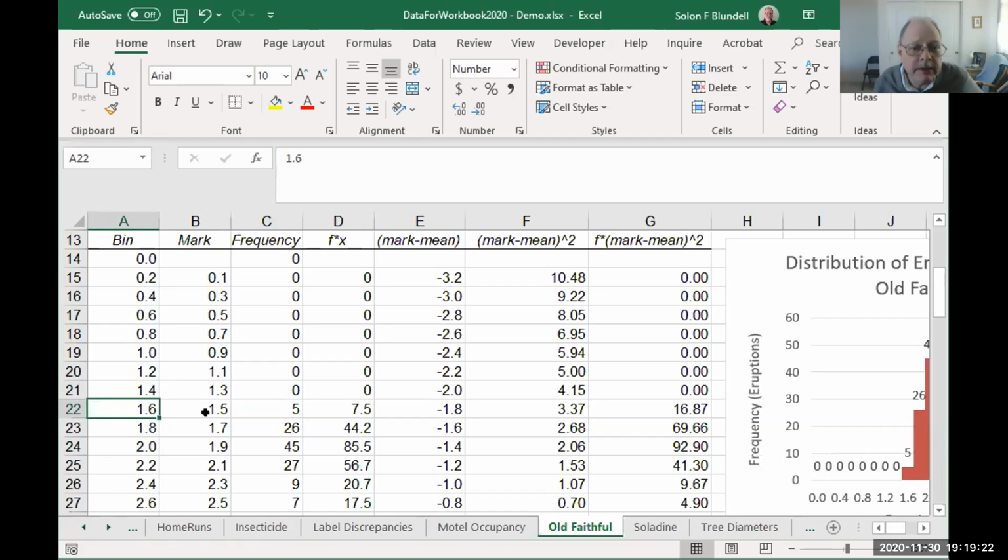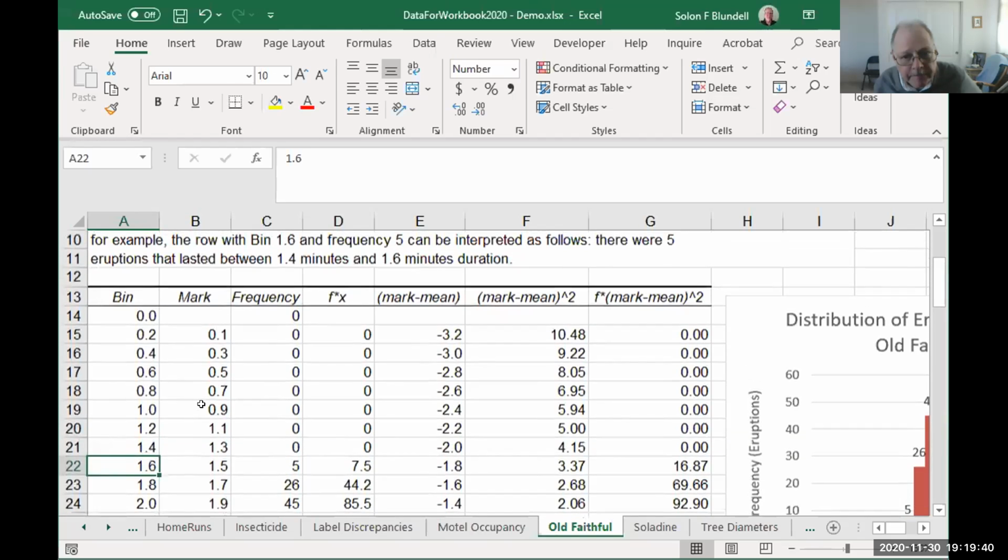So roughly how long did each of those eruptions last? The midpoint of that class, halfway between the boundaries, halfway between 1.4 and 1.6, that midpoint is called the class mark. And so for this class, whose upper boundary is 1.6, the class mark, the midpoint of that category, is 1.5. And all of these 5 different eruptions lasted close to 1.5 minutes.